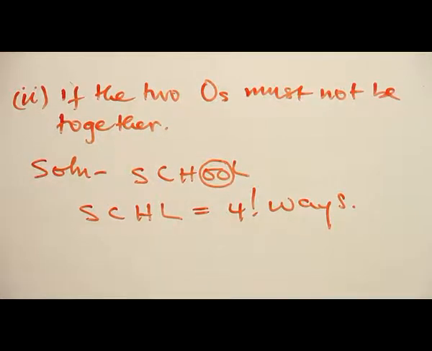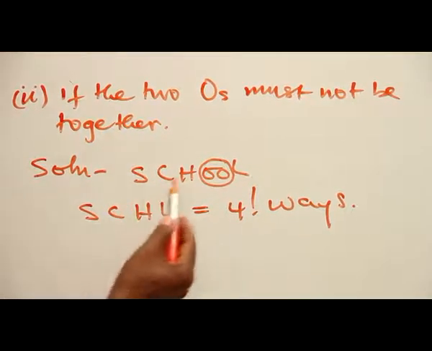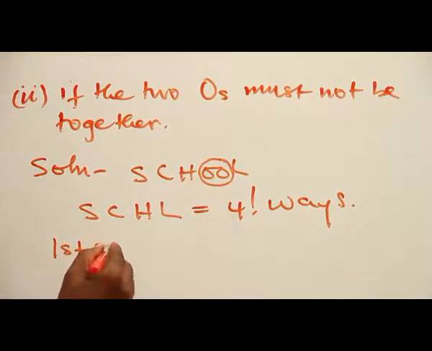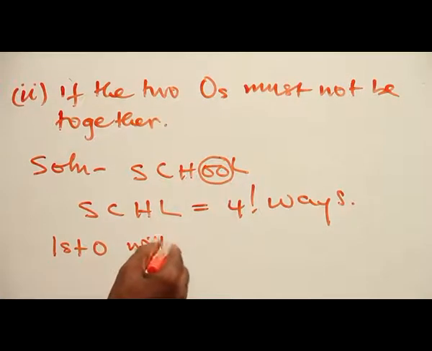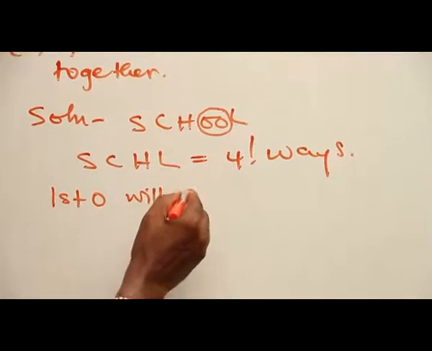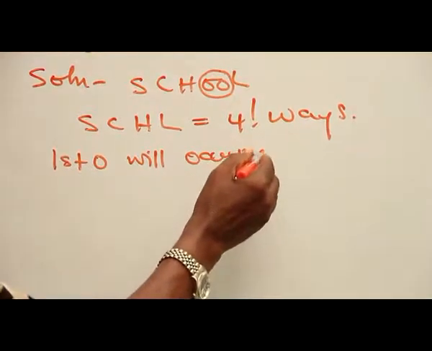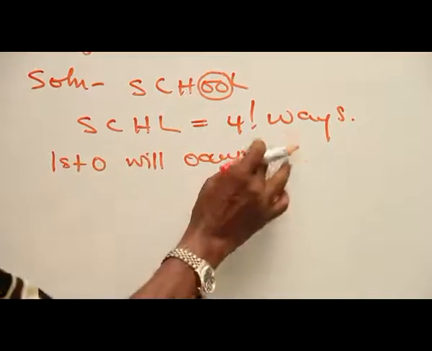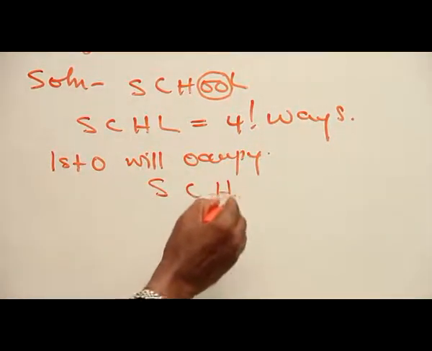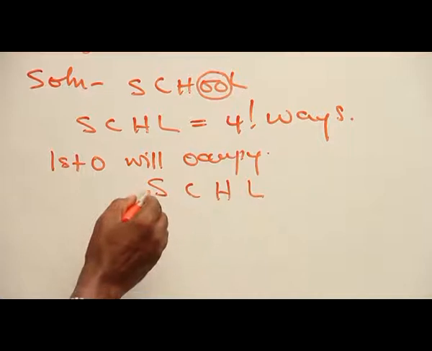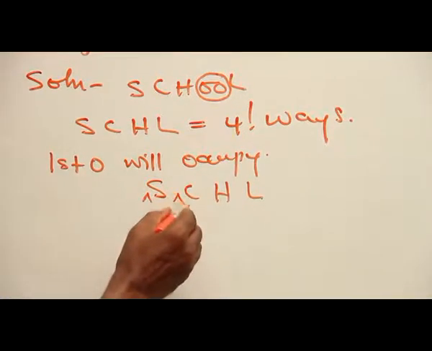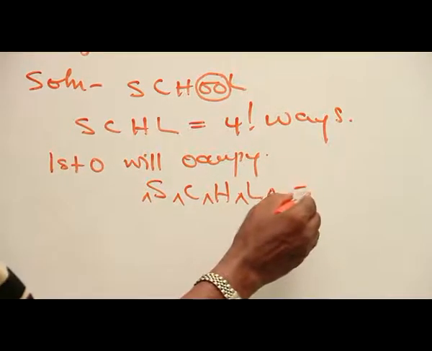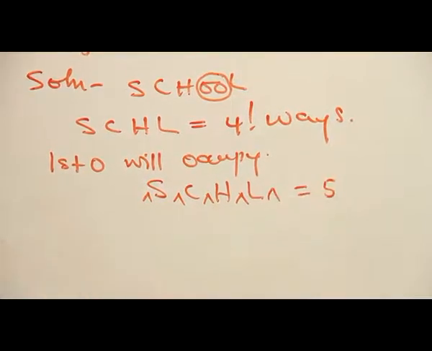When we have done that, we will take the first O. How many positions can it occupy? Let's see, S, C, H, and L. The first O can occupy here, here, here, here, or there. This is equal to 5 places.